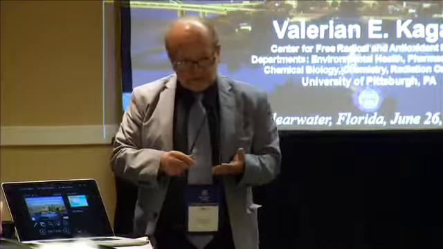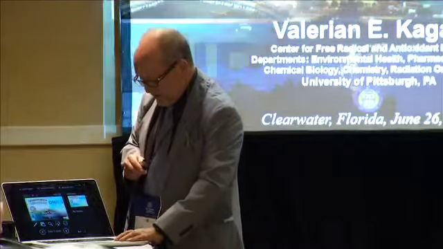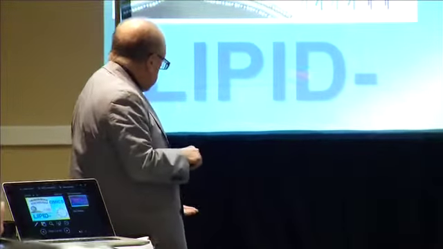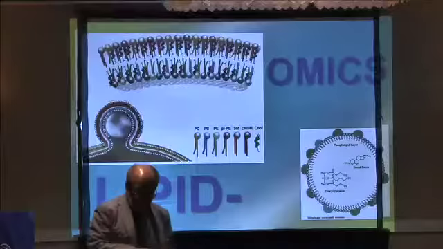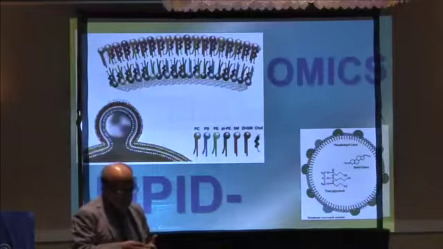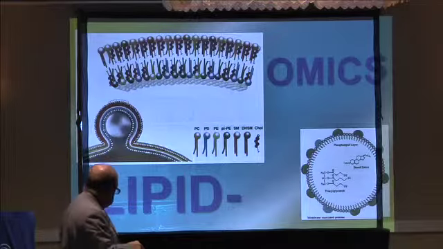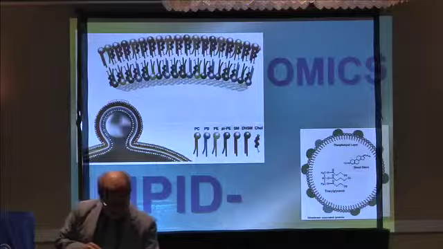So as the first speaker, let me begin with a general introduction to lipids. In today's world, we have this universe of omics, and lipids, of course. They represent a huge and diversified group of molecules: phospholipids, glycolipids, neutral lipids, and they all have a very similar plan of construction.